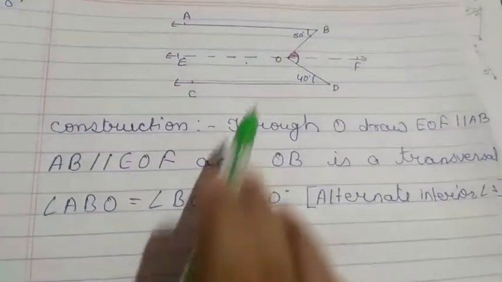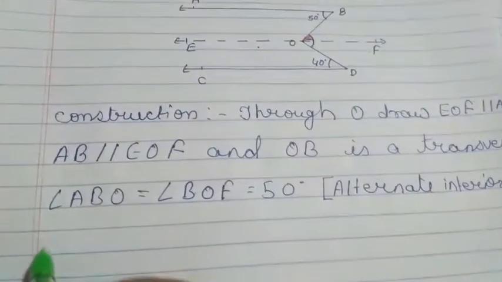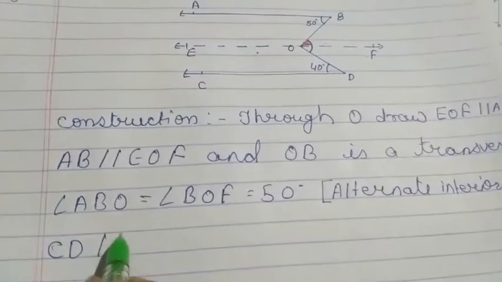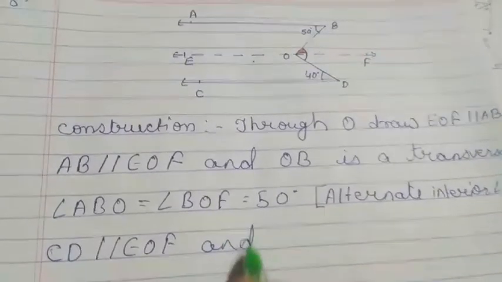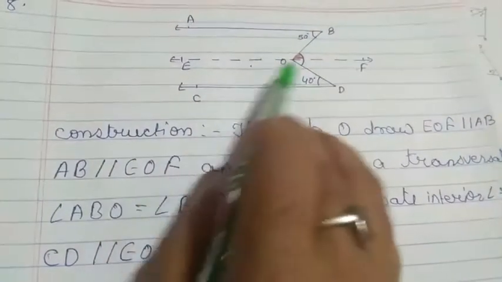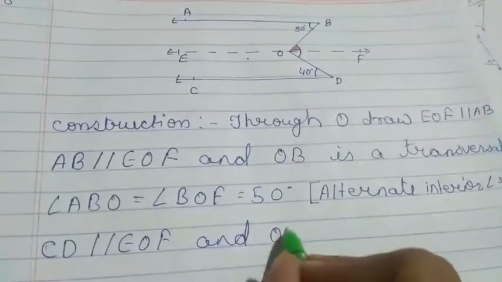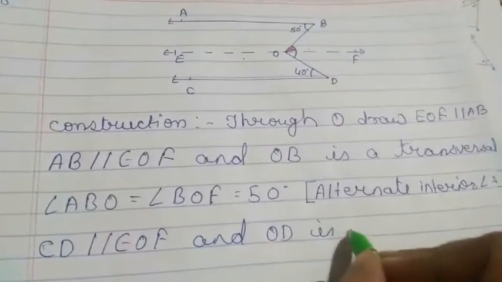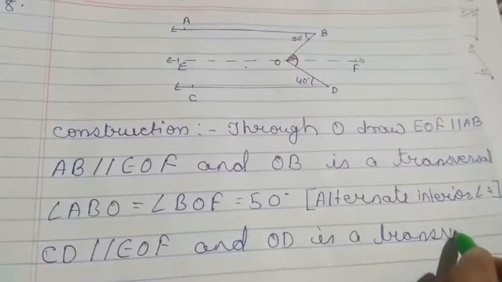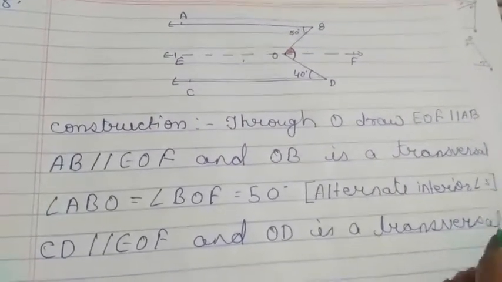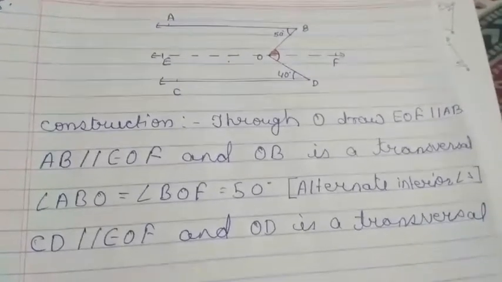Now come on for next. CD parallel to EOF and these two lines. Then OD is a transversal. Okay.